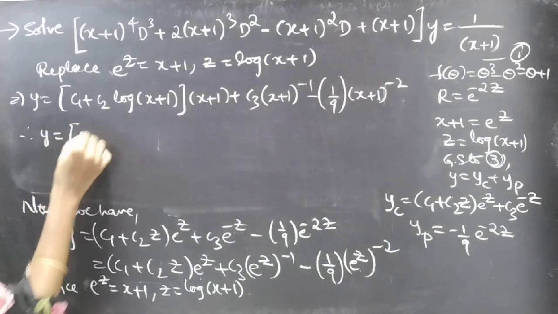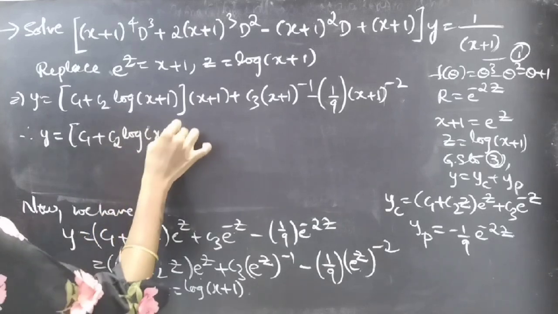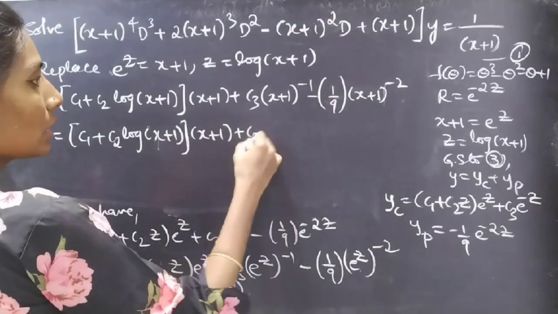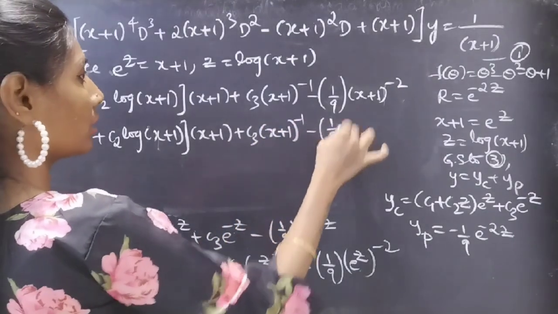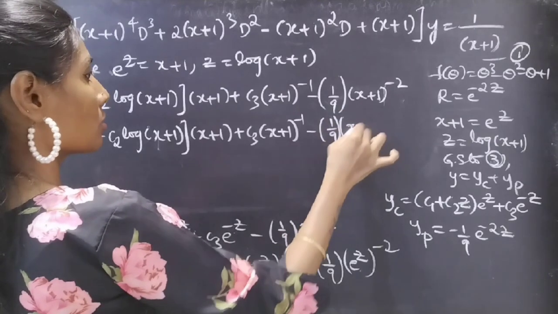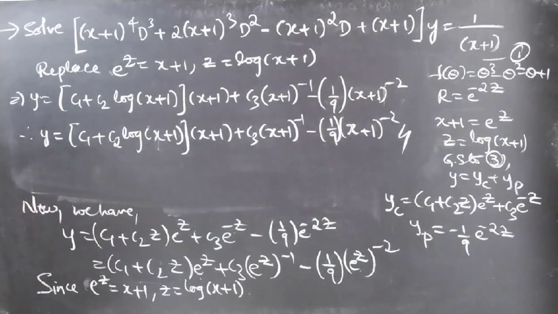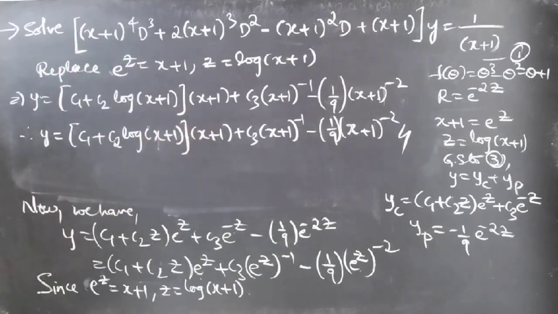Therefore, y equal to (c1 plus c2 log of x plus 1) into (x plus 1) plus c3 (x plus 1) power minus 1 minus 1 by 9 into (x plus 1) power minus 2 is the required solution, which is the general solution to the given differential equation in terms of x.